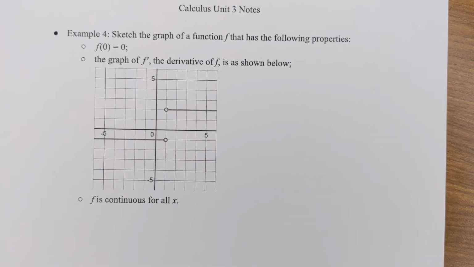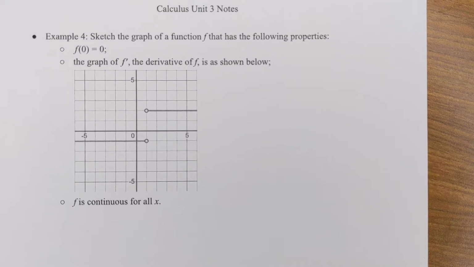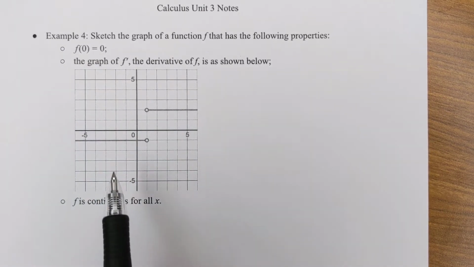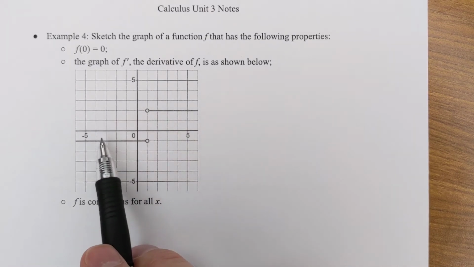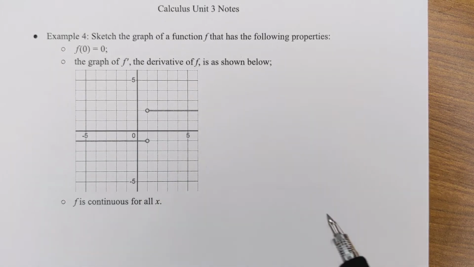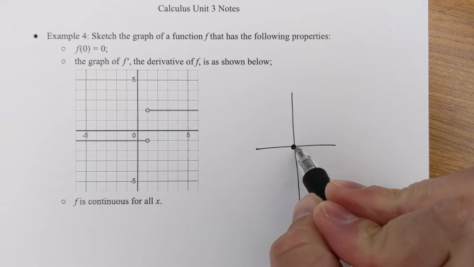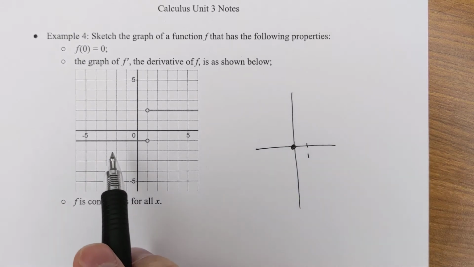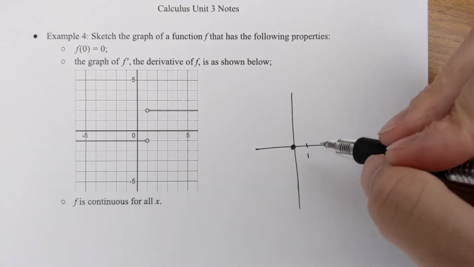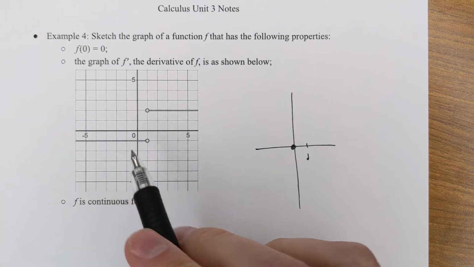Okay, so example 4 here, sketch the graph of a function f that has the following properties. So f of 0 is equal to 0, so that means when x is 0, the y value is 0. The graph of the derivative, which means it's the slopes, is continuous. So I know that I have to go through 0, 0, and the slope here is -1, which means for every x value less than 1, the slope is -1.